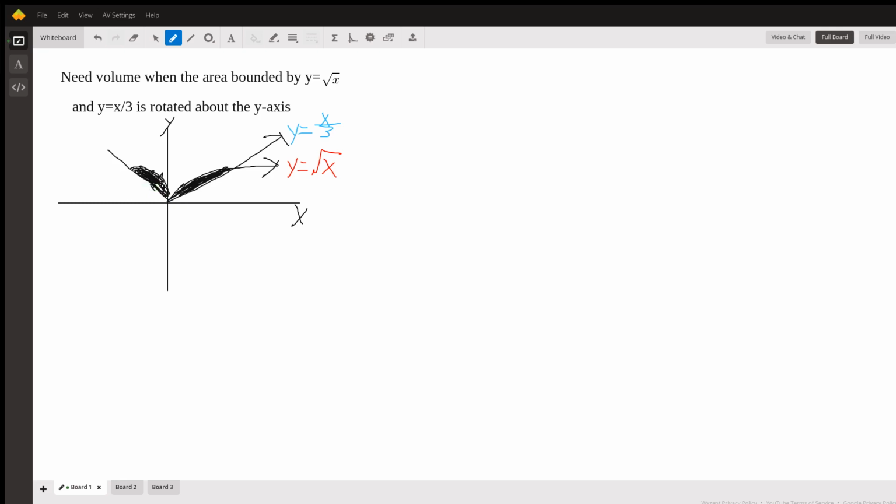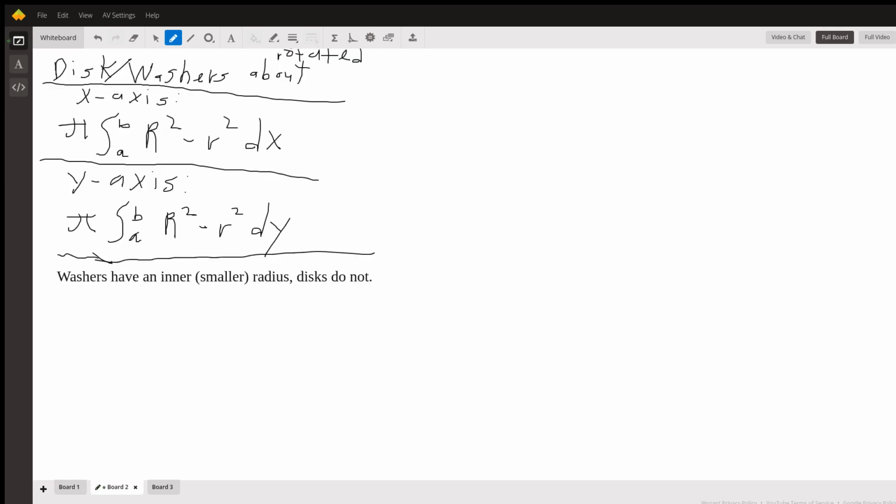Okay, so let's define some terminology first. We have disks and washers. When you rotate for disks or washers about the x-axis, this equation is going to be pi times the integral from a to b, those are two different x values, of the large radius squared minus the little radius squared, if there is an inner radius.